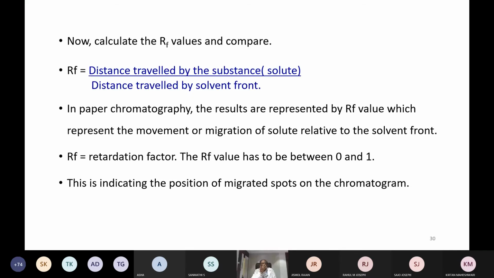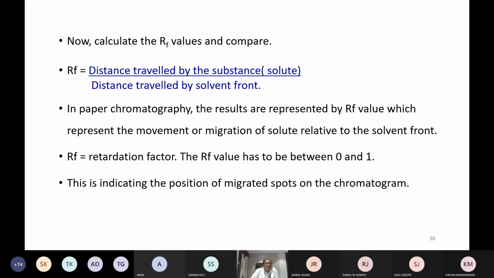That is the visual appearance you can use, but however, you can apply one formula, that is RF. RF is the retardation factor we call.